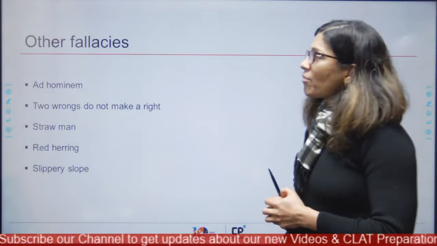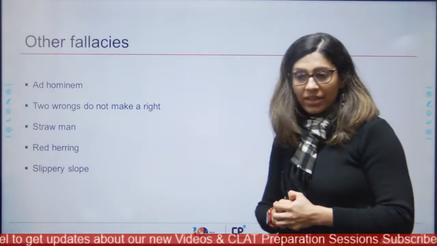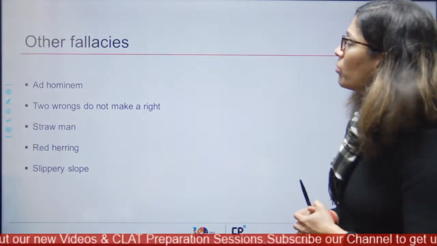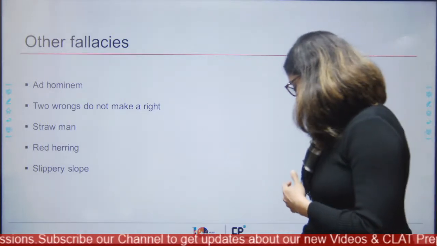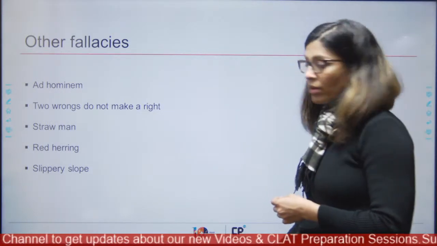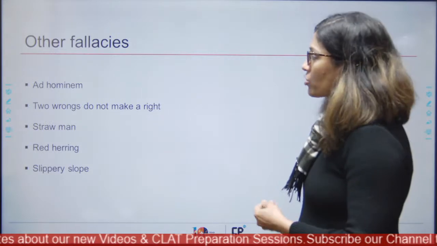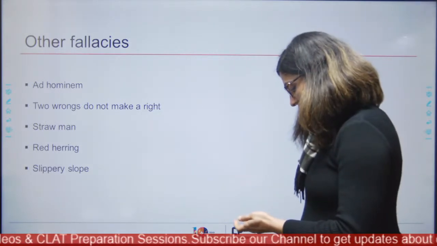So we are going to take some fallacies today from some of the categories, and then we will move on to more fallacies in the second part of the class. Right, so I think everyone has noted down the list of other fallacies here.